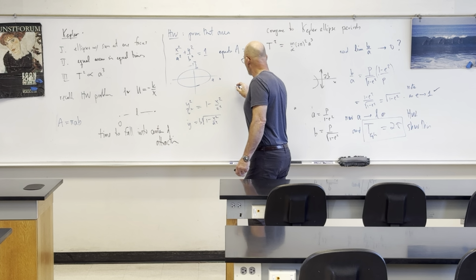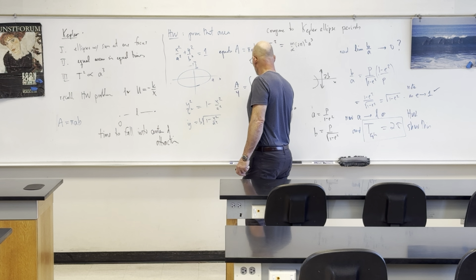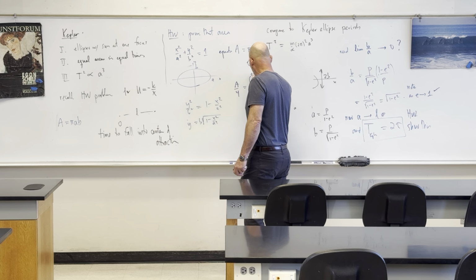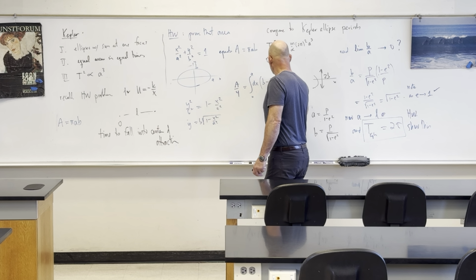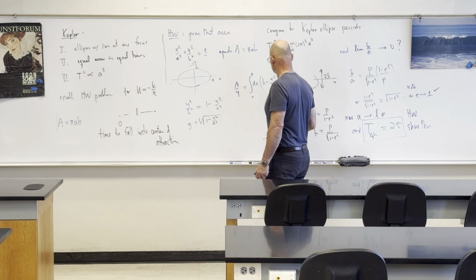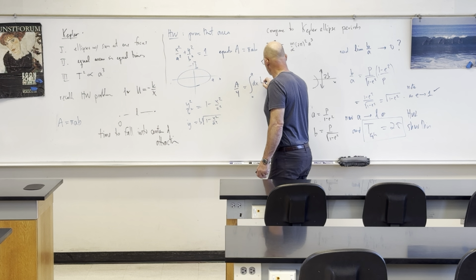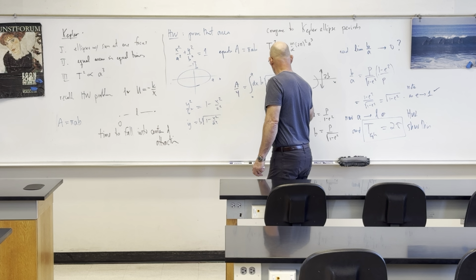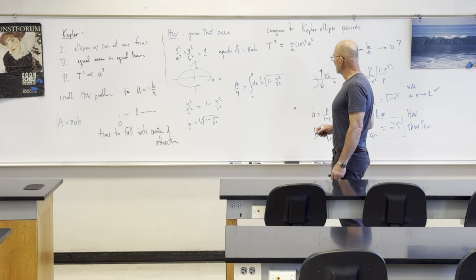So then area over 4 would be the integral from 0 to a of dx, b root 1 minus x squared over a squared.